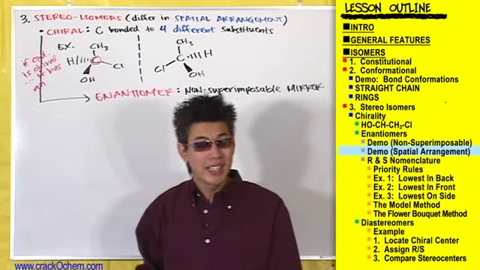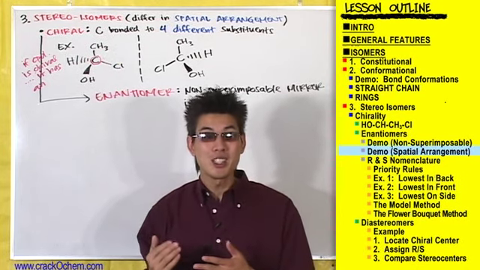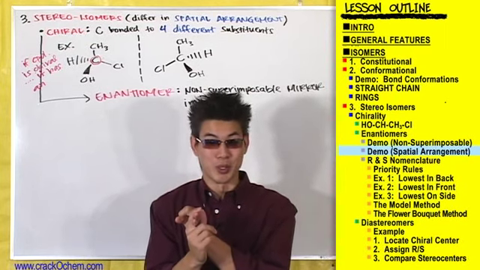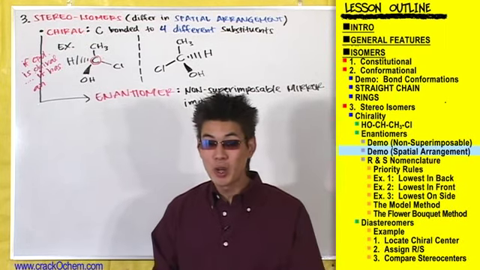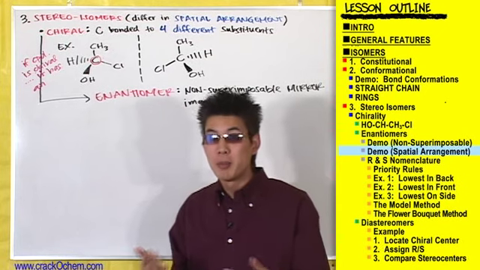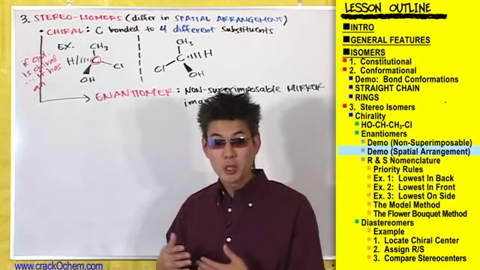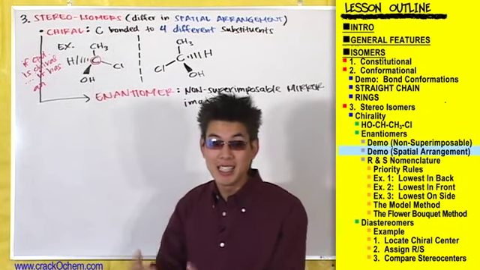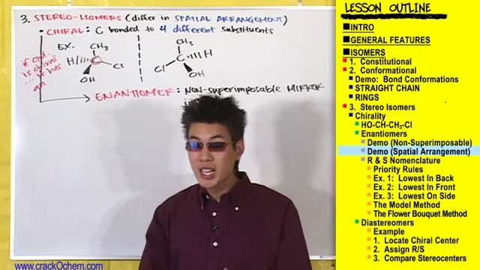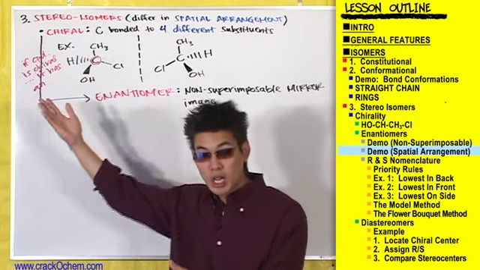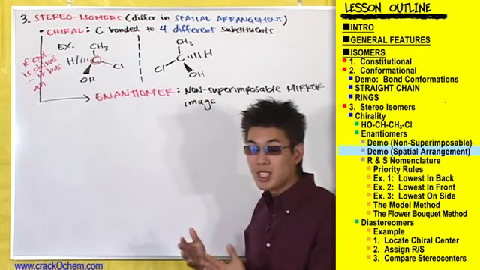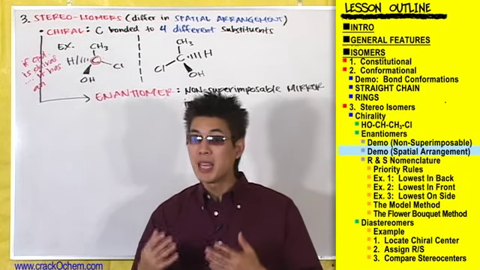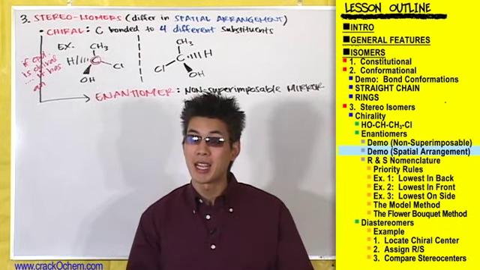If you took OChem back in like 1900, the only isomers you would have studied would have been constitutional and conformational isomers. There was no such thing as stereoisomers because we didn't think there was a difference between the two compounds. In terms of their atoms, their connectivity, their melting points, they looked identical. We didn't think that the orientation of their atoms in space, be it clockwise or counterclockwise, made these compounds any different from one another. And when I say different, I mean behave differently in chemical reactions.